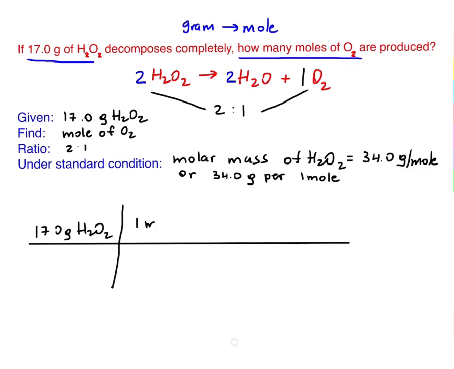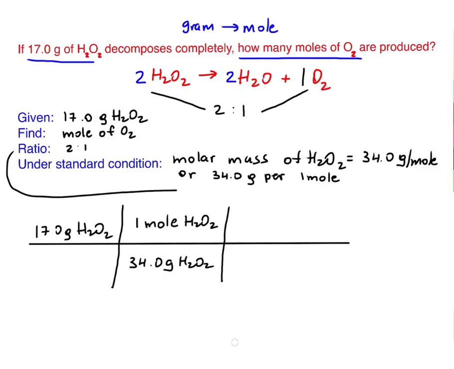So you write 1 mole of H2O2 on the top, and then you write 34 gram H2O2 on the bottom. Again, the order really matters. You make sure your gram and gram cancels each other, or gram of H2O2 and gram of H2O2.